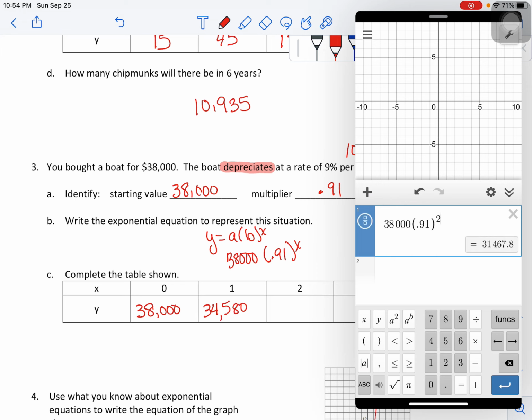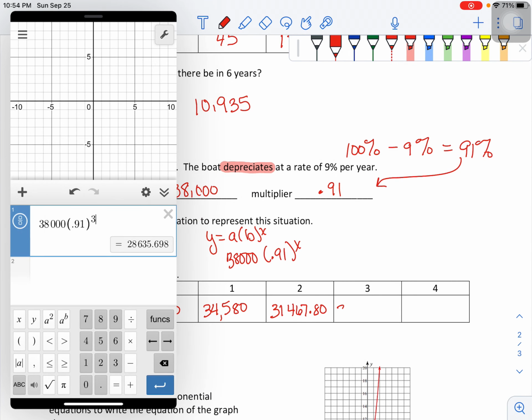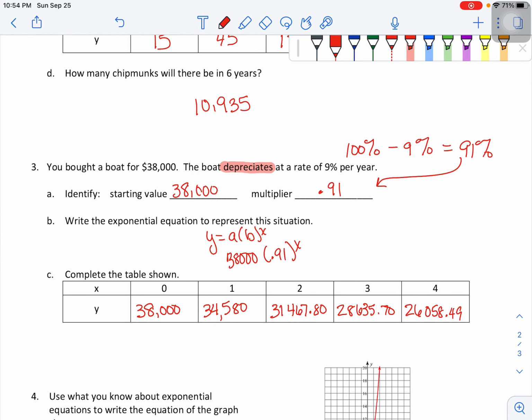After 2 years, $31,467.80. After 3, $28,635.70. And after 4 years, it's only worth $26,058.49. Okay. So similar stuff, but you've got to look if it's increasing or decreasing.